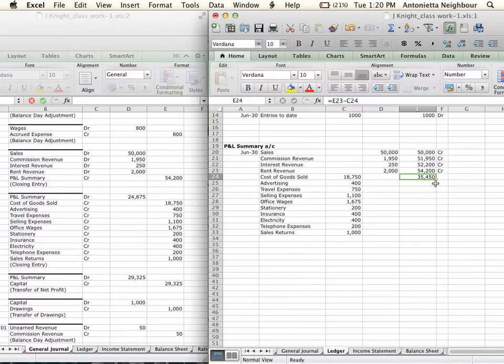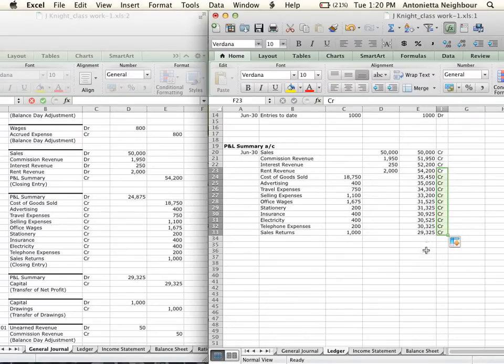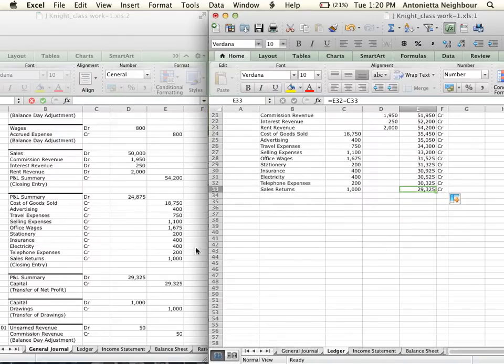And then I should be able to just copy that straight down. But it remains a credit balance all the way along because I don't debit it for greater than its balance. And that should equal the profit that I calculated in the general journal. And does it? Yes, it does. So that's a check for you.